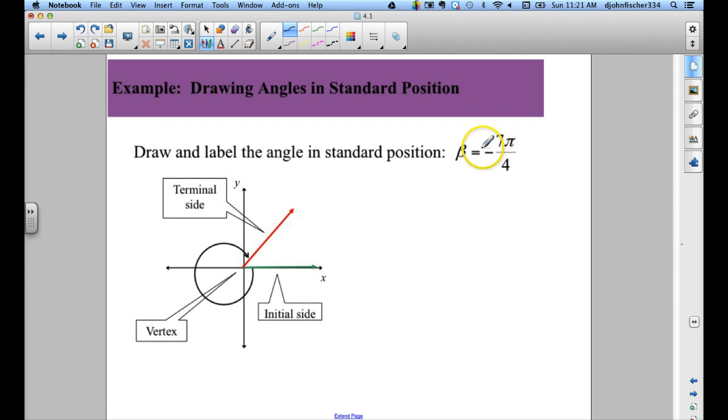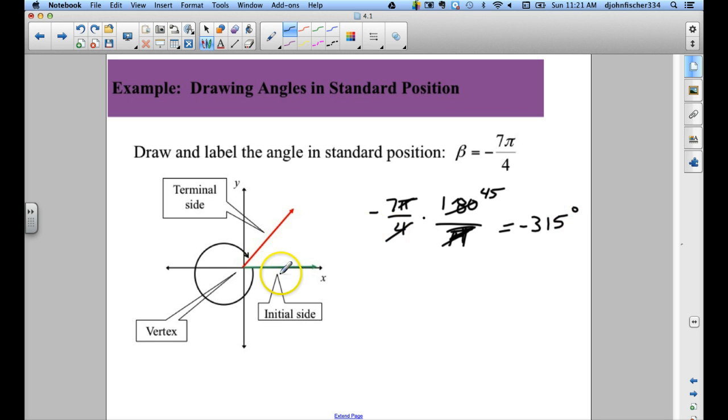Negative 7 pi over 4. Let's do that one this way. So we get negative 7 pi over 4. I'm going to change it to degrees just to see where we're at. 45 goes, oh, not pi, sorry. The pi's will cancel off. 4 goes into 180 45 times. So there's a negative 315 degrees.